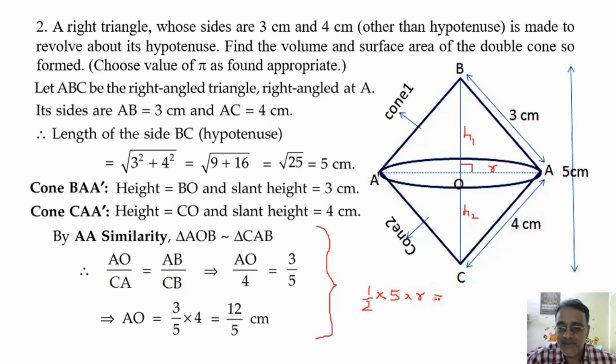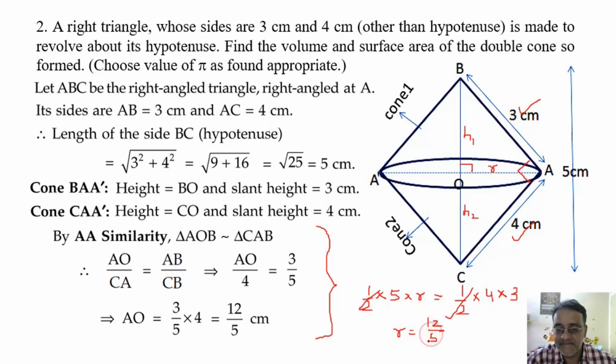And what is the area of triangle ABC if we take directly base and height? Half into base into height. So half cancels, and what is the value of R? 12 by 5.